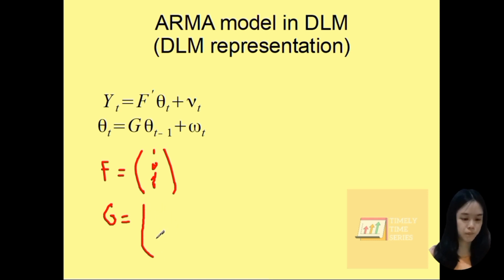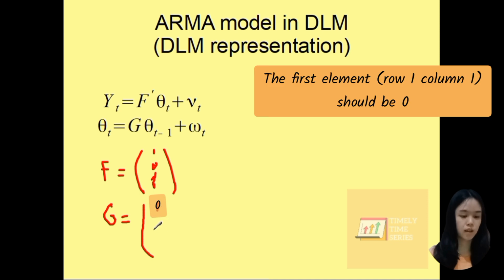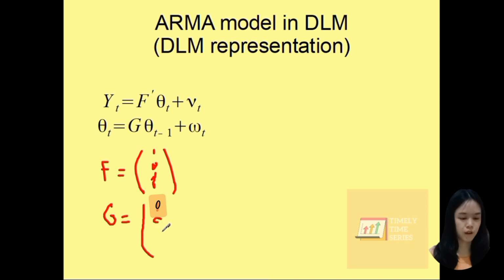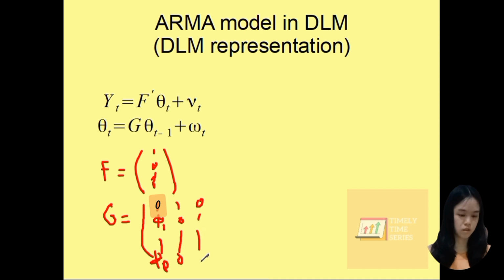So in the first column, we have 1, and then the AR coefficients, so phi 1 up until phi p. And the rest of the columns are like the identity matrix, but you erase the last column. So 1, 0 until here, and then 0, 1, and other zeros, like that.